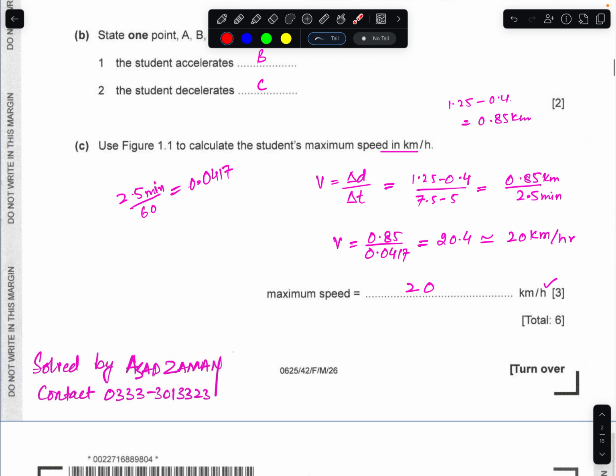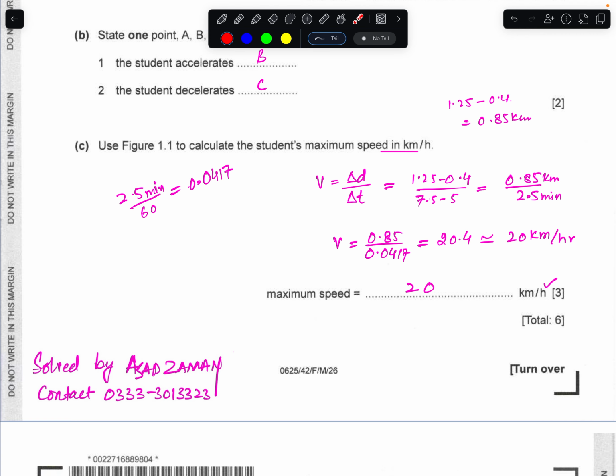You can see over here 1.5 minus 0.4 divided by 7.5 minus 5, you would get 0.85 over 2.5, and that is the total distance and the time taken. You would get 20.4, and you can round it off to one significant figure. Either you can write it in three significant figures, this is up to you, but it depends upon the raw values given in the question.